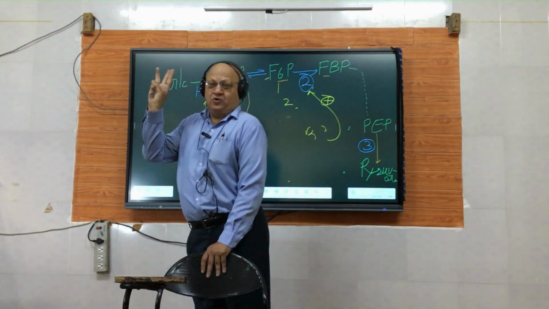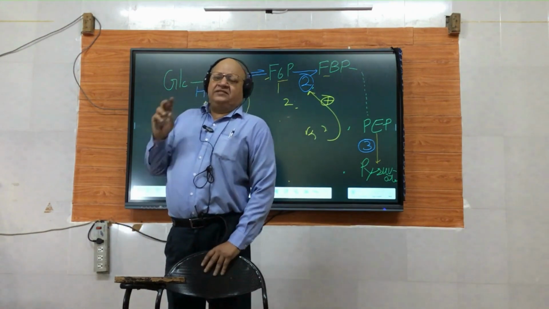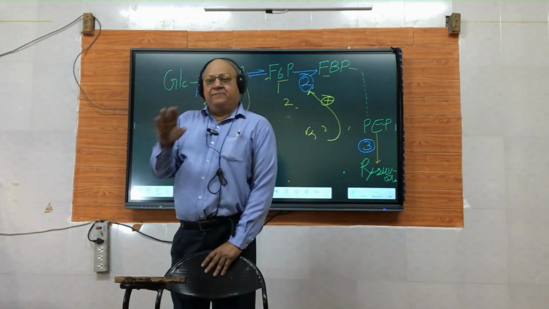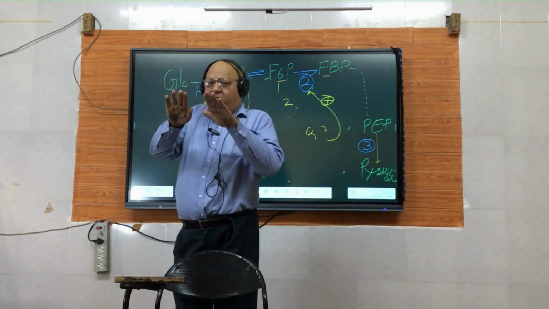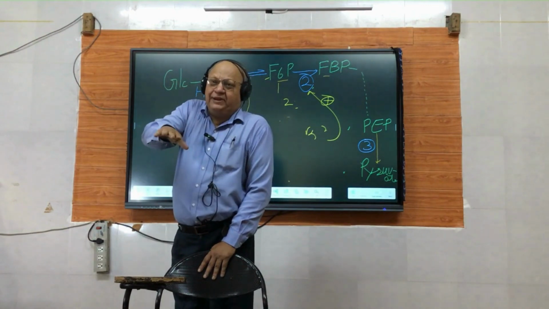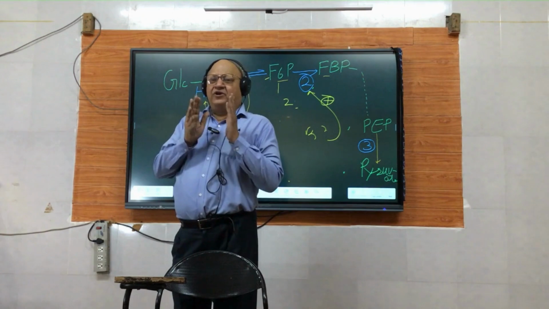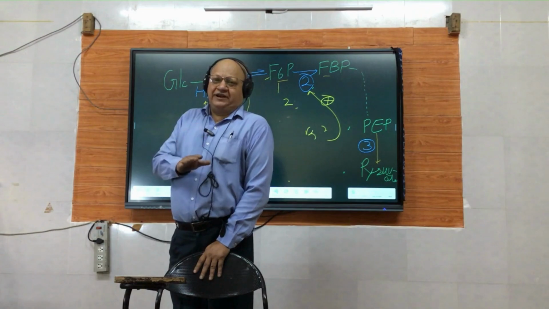We have discussed three enzymes, the three regulatory enzymes, and the basic motive is it's an energy yielding pathway, glycolysis. So whenever the energy charge of the cell is high, indicated by high ATP or low ADP and AMP, or whenever fuel molecules are available, for example citrate.